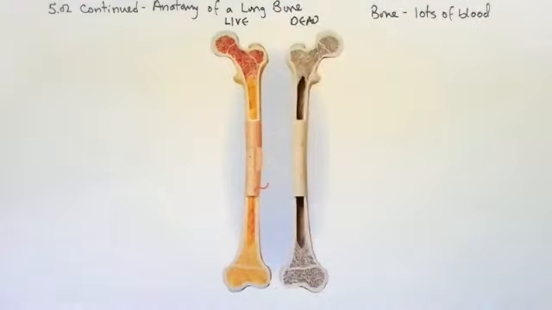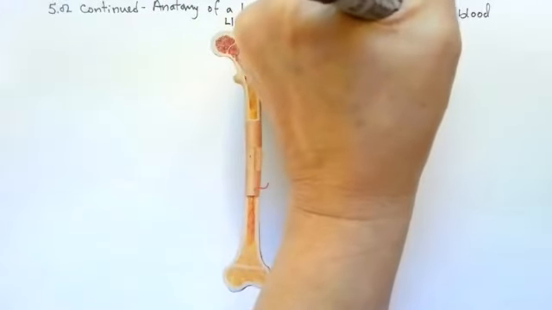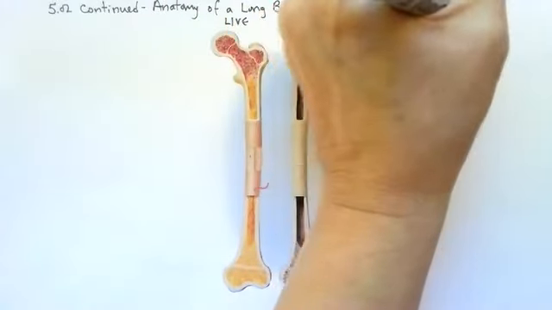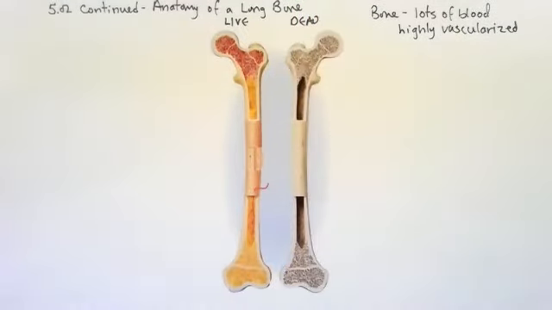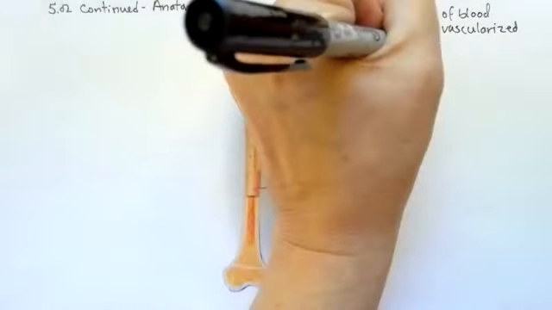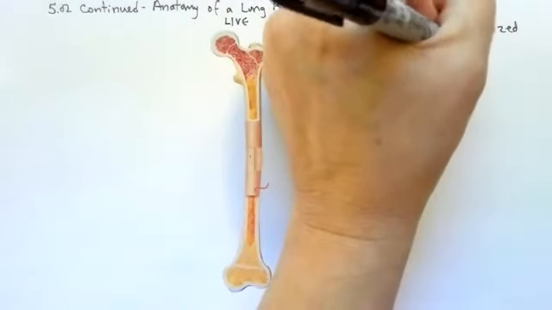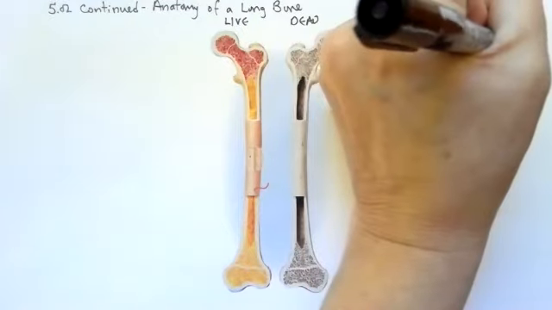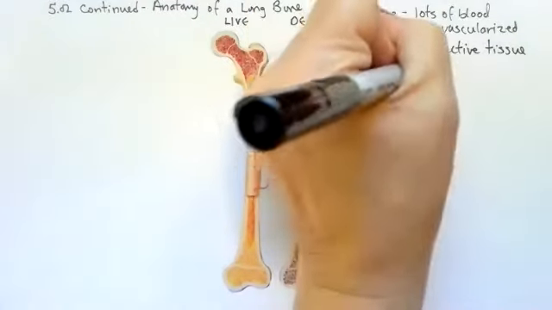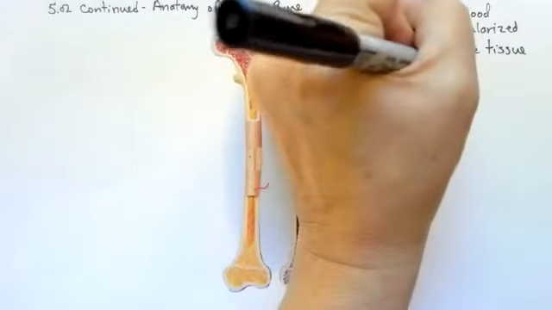We call that highly vascularized. It also is a connective tissue. It's in the connective tissue category. And it has two divisions, compact and spongy.